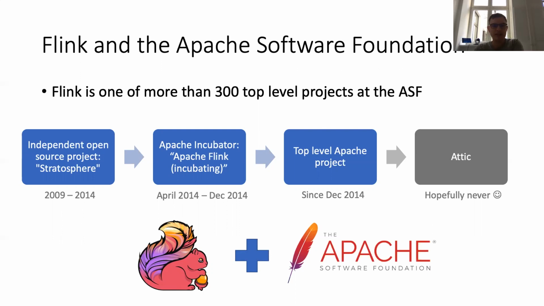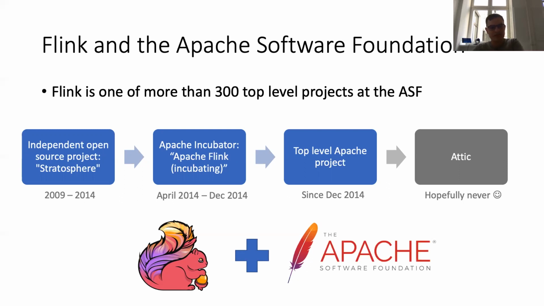So everything, like all the releases, all the documentation and so on, are marked as an incubating release, which means it's not an official Apache project, it's trying to be an Apache project, it's learning how to be an Apache project. And Flink was going through that phase till December 2014, which is quite short compared to other projects. And then Apache Flink became a top-level project after its graduation.